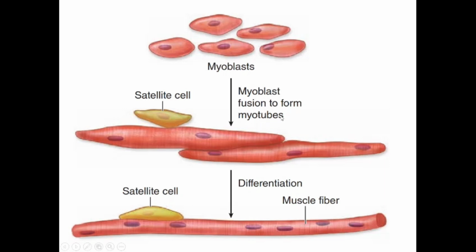After formation of the myotube, the myotube differentiates by producing a lot of actin and myosin. The cell fills the cytoplasm with these myofilaments and displaces the nuclei against the plasmalemma. And after differentiation, the myotube creates the muscle fiber.